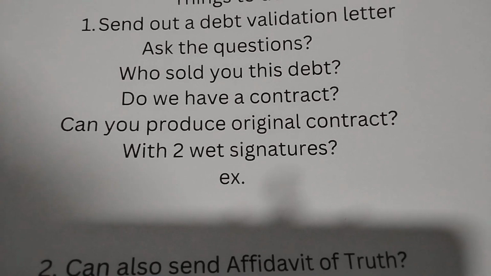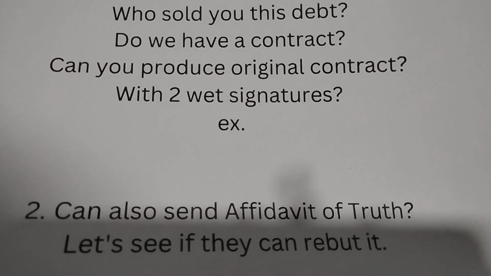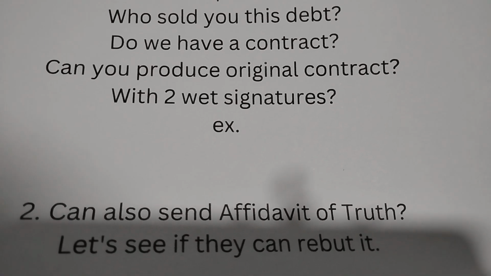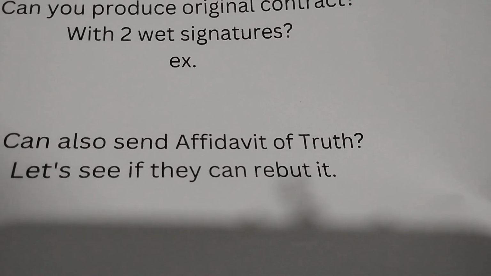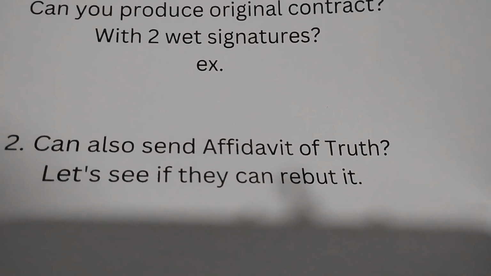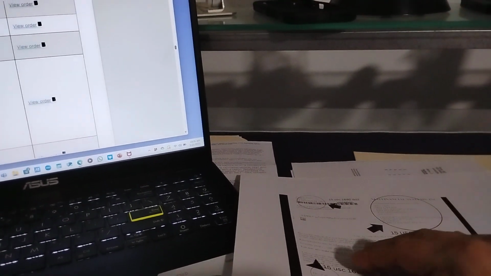Do we have a contract? Can you produce the original contract with two signatures? You can also send an affidavit of truth, and they have to rebut it as an affidavit also.